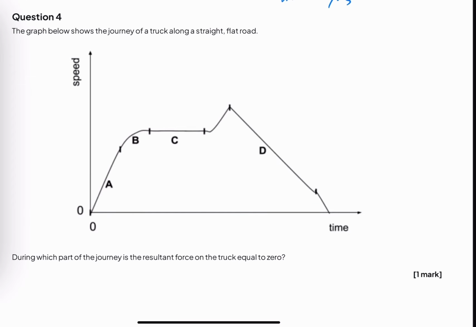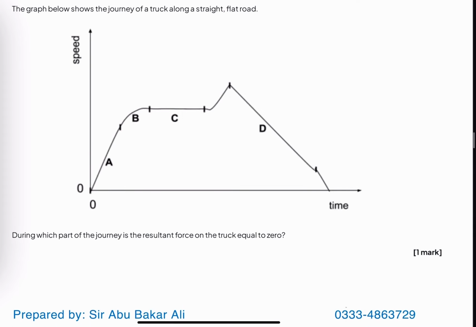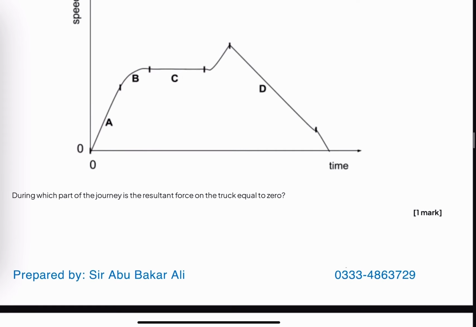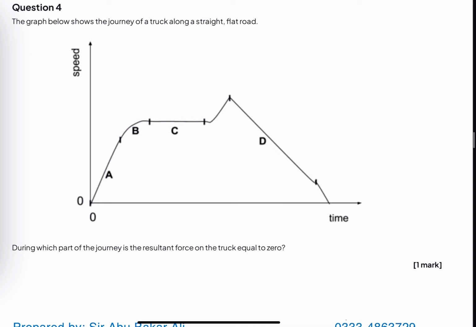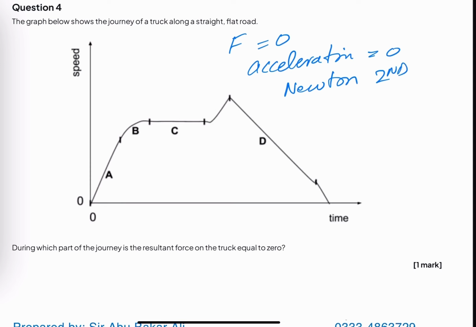In the fourth question, the diagram below shows the journey of a truck along a straight flat road. During which part of the journey is the resultant force on the truck equal to 0? Okay, resultant force is 0 means acceleration should also equal 0. Why? Because of Newton's second law, which states that resultant force is directly proportional to acceleration.